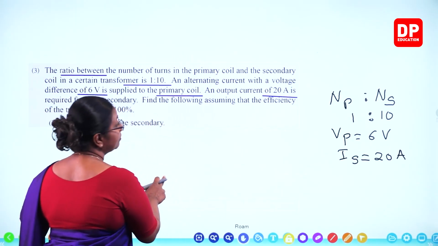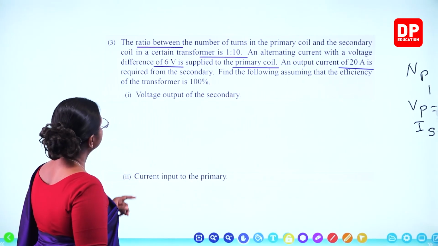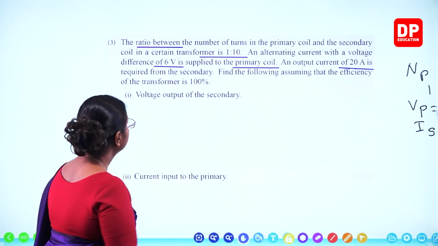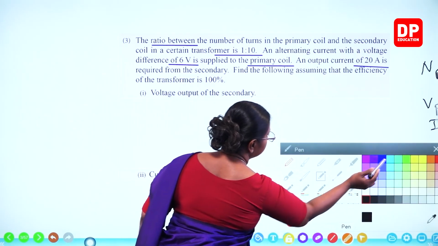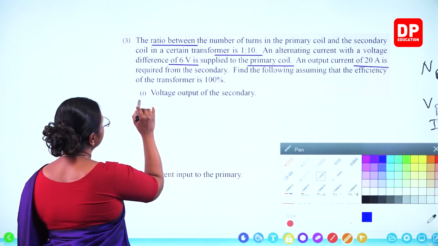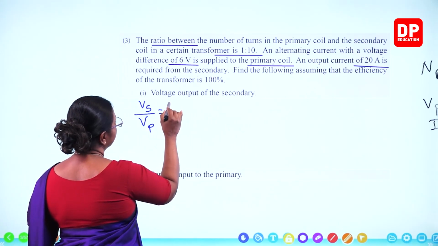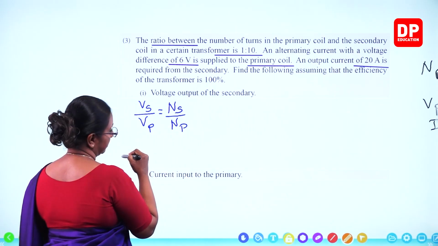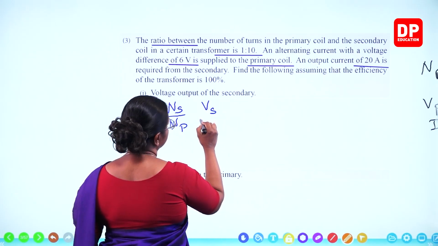So now if we look at the questions, you can see voltage output of the secondary coil. Again we can use the equation V secondary over V primary equals N secondary over N primary. So there we need to find V secondary.